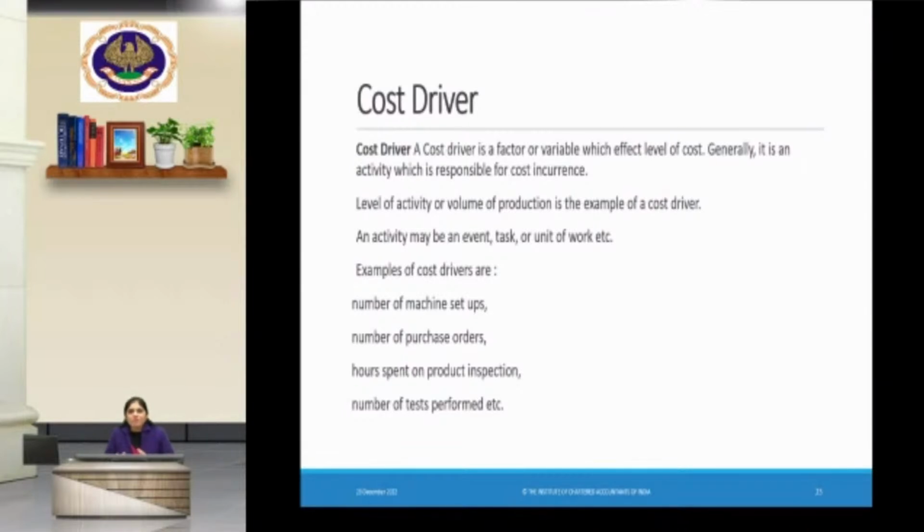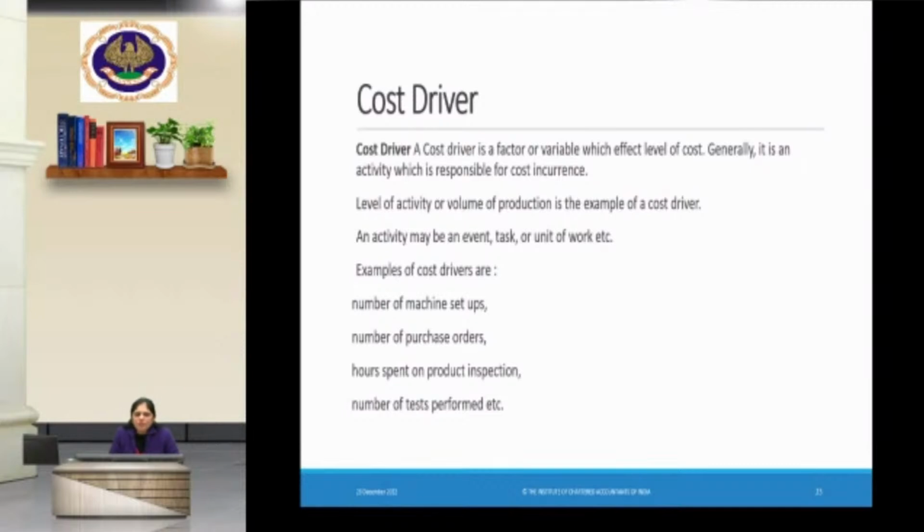So cost driver has a direct cause and effect relationship. Higher the consumption, higher the bill. Because of that cause, my electricity bill is coming. So cost driver always has that cause and effect relationship. Generally, it is an activity which is responsible for cost incurrence. Because of that activity, cost is incurred.